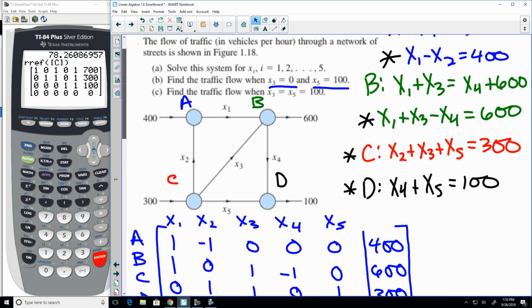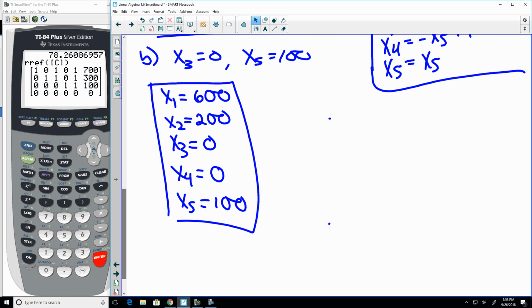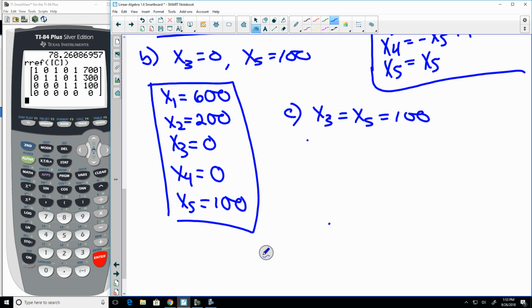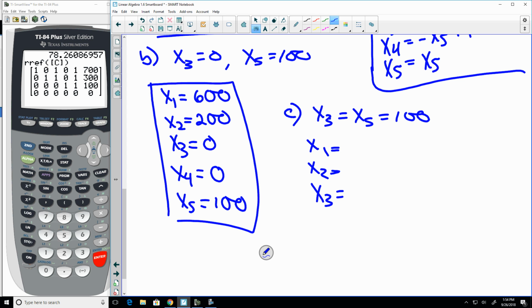And then what if they're both 100? So we'll start from here.